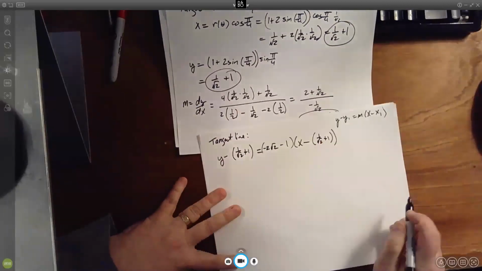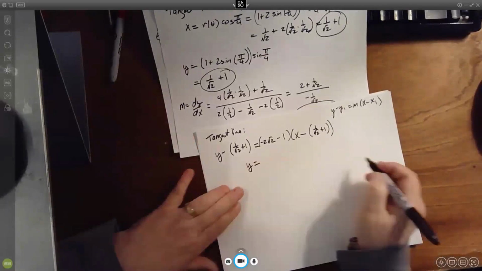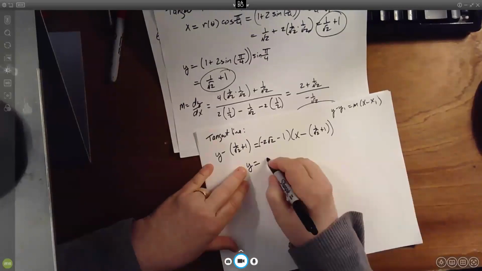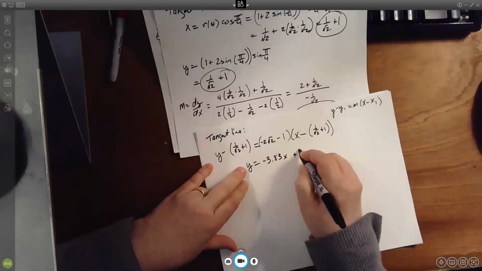And that's the pure form. I'm not multiplying it out, although I will give you the answer in decimals. y equals negative 3.83x plus 8.24.